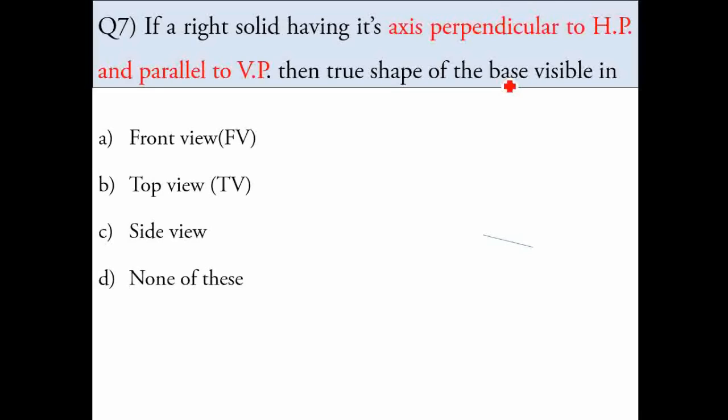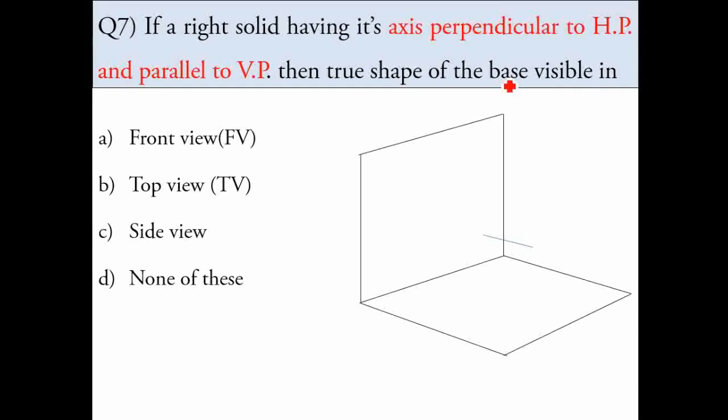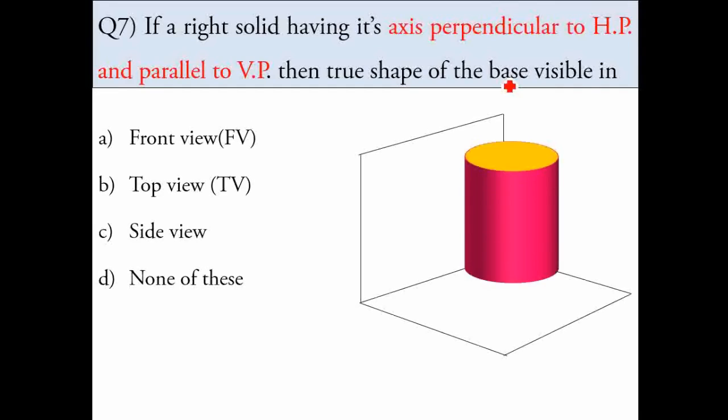First of all we will consider a quadrant, and in that we will consider any one solid object. Suppose this is the first quadrant, and we consider the cylindrical object as a reference, and as per the condition the axis of the object is perpendicular to the HP.